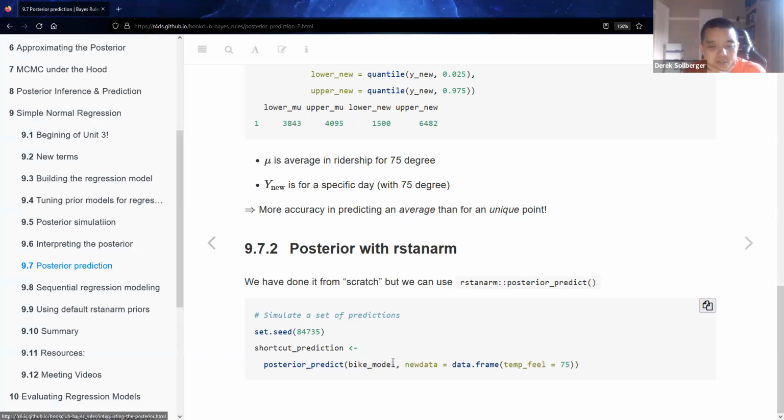That is, if we take our bike model, due to all the Bayesian thought processes, we could build a posterior distribution and predict what we have when we have a 75-degree weather day.